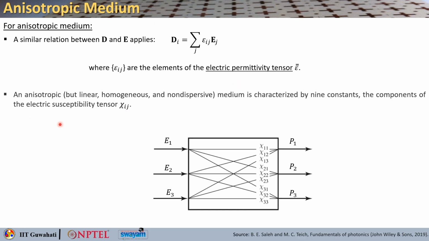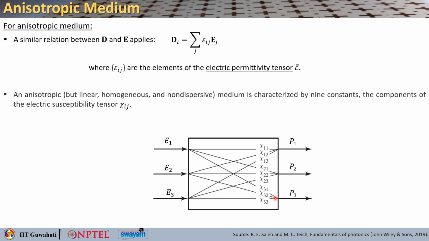So in an anisotropic, but linear, homogeneous and non-dispersive medium, the permittivity will also have 9 components, okay, and these components are basically coming from the electric susceptibility tensor, right.